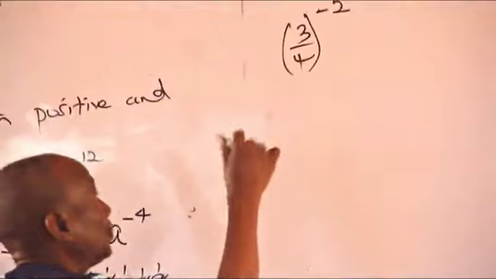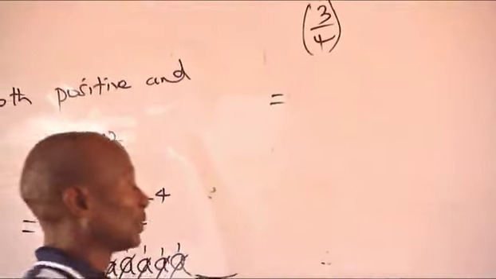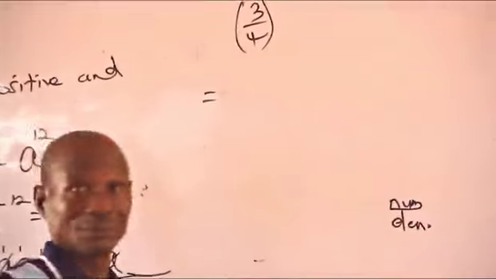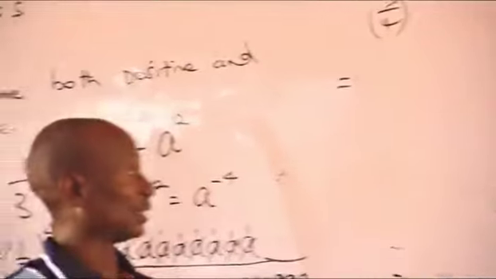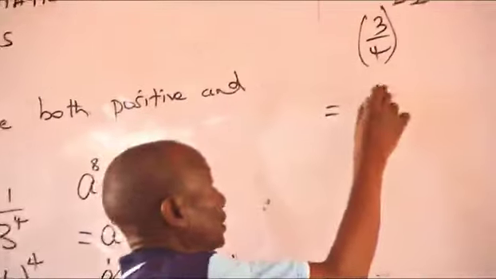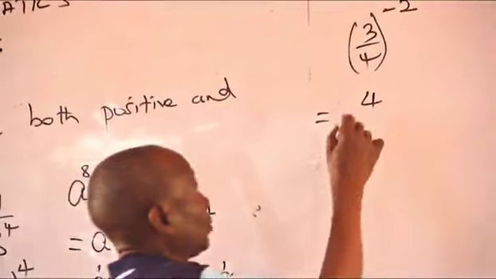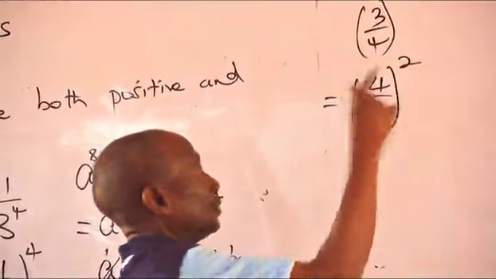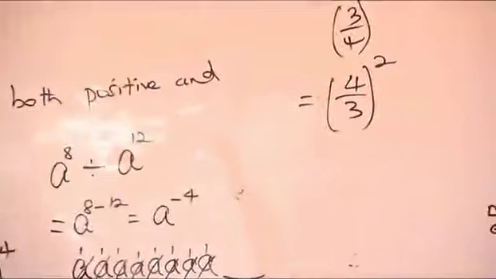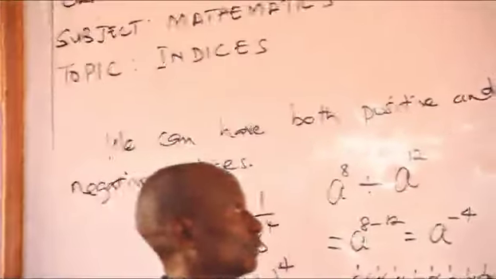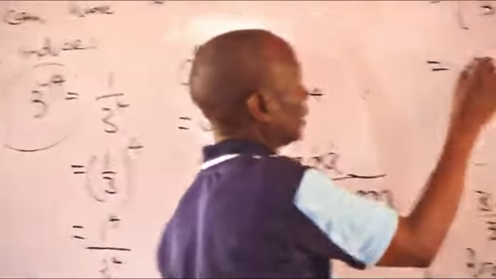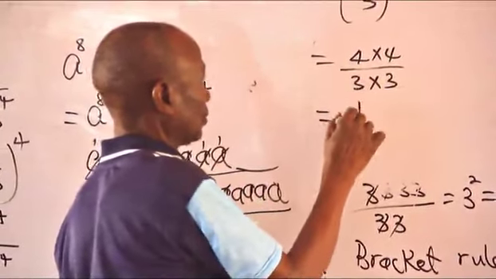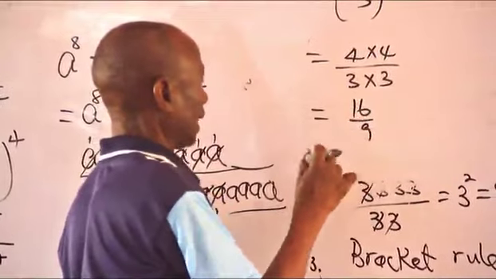You know in a fraction you have numerator all over denominator. You just change the denominator to become the numerator, and change the numerator to become the denominator. The 2 you just carry positive, not negative. And from there you simplify. Now it gives you 4 times 4 all over 3 times 3. It's going to give you 16 all over 9.